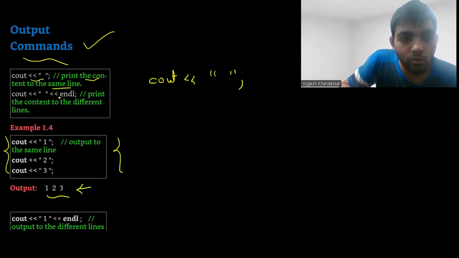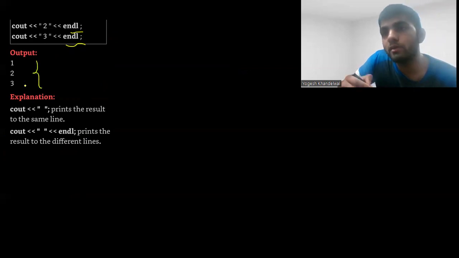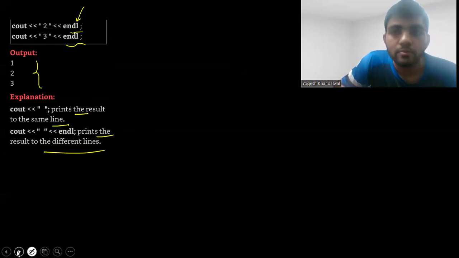But if you use endl at the end, it prints the content on a different line. If I use endl here, here also, and here also, then after compiling and running, 1 2 3 will come on different lines. So for printing on a different line you can use endl. This prints the result on the same line, and this prints the result on different lines.